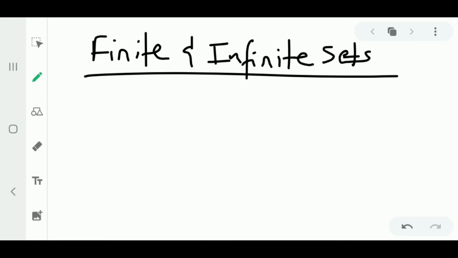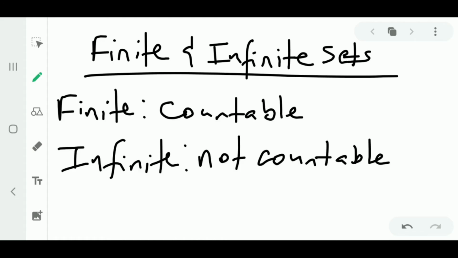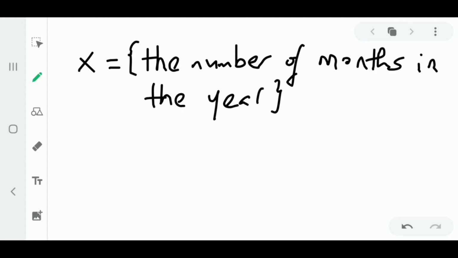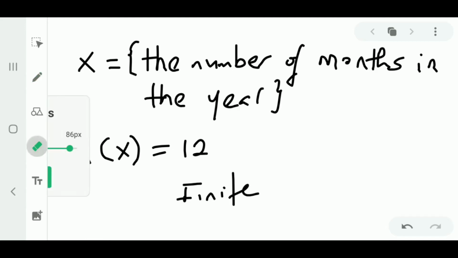Now we have what you call finite and infinite sets. Let's say we want X to be the number of months in the year. We know that the months are January, February, all the way through December, and there are 12 months in the year. So n of X would be equal to 12. That is finite because it is countable.